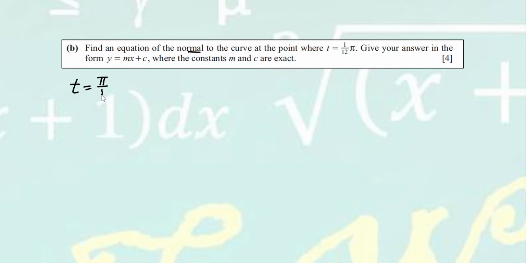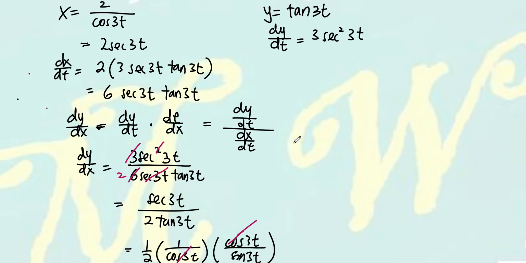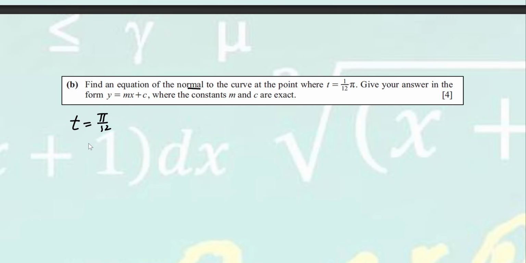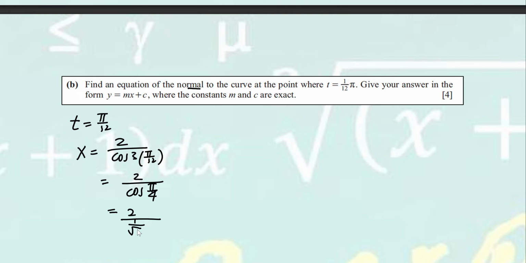To form a straight line, we need the x and y coordinates, so better find the x and y first. x is 2 over cos 3t, so this is 2 over cos pi over 4, which is 2 over 1 over square root 2.